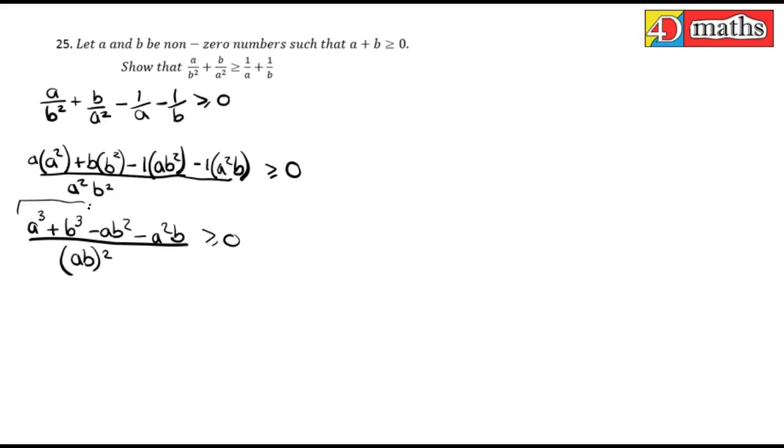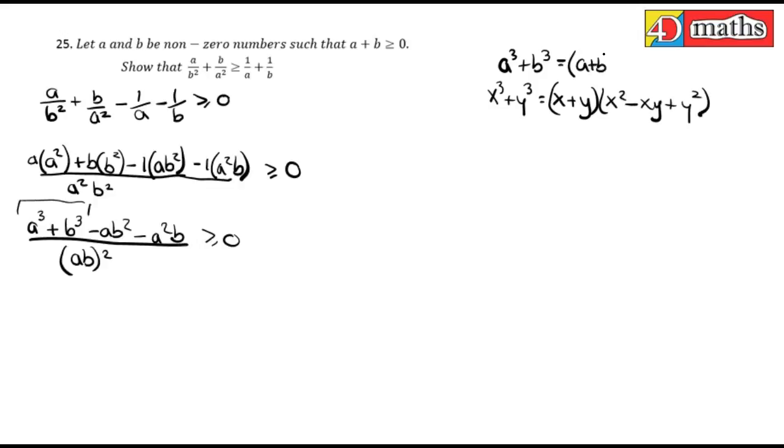Now if you look at this part of it, you can see that this is the sum of two cubes. So the formula for that, which is something you should have remembered, okay, can be broken down as x plus y, times x squared minus xy plus y squared. So if you break a cubed plus b cubed down, you get a plus b, times a squared minus ab plus b squared.